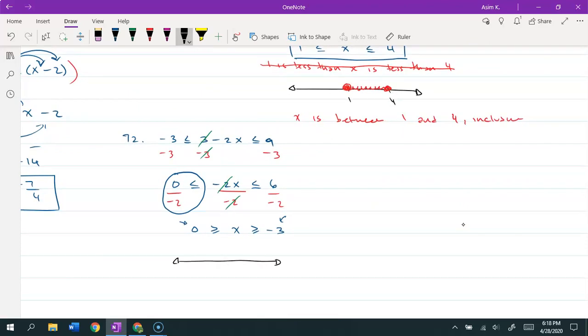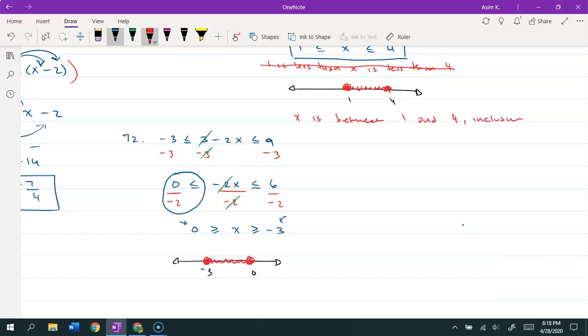So you've got negative 3 and you've got 0. And I am telling you that x is a number that is greater than or equal to negative 3, but it's less than or equal to 0. So really, I'm telling you that it's between negative 3 and 0, inclusive. So this is really what that inequality is trying to communicate to you.